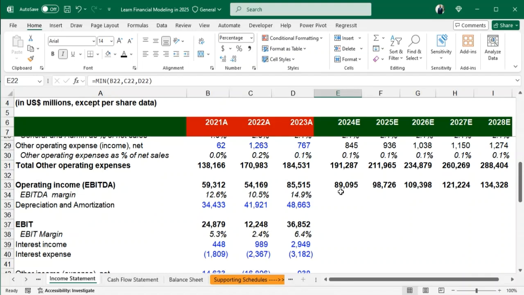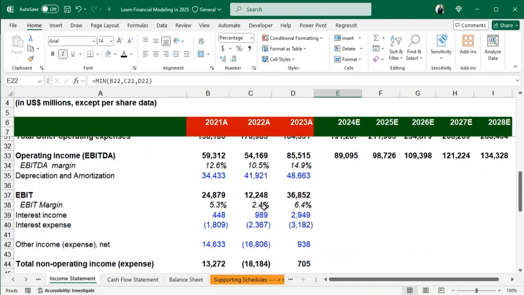All right, so our model is moving very quickly and nicely. And then we have our depreciation and amortization, which I said we are going to project using the PPA schedule under the supporting schedule section. So we are going to skip that for now. So that is that. And then we can also copy the EBIT as well as the EBITDA margins.